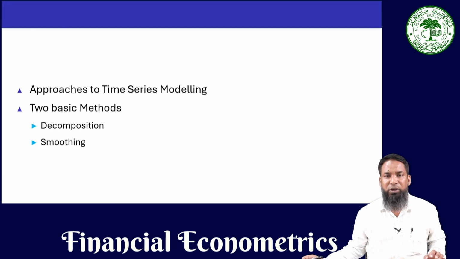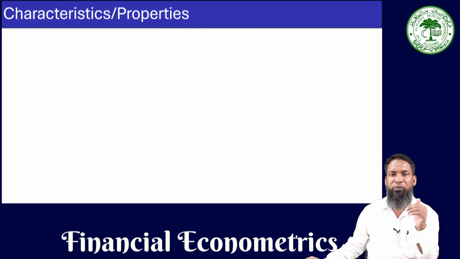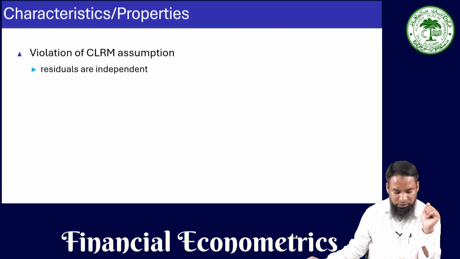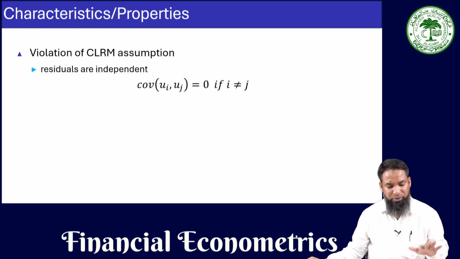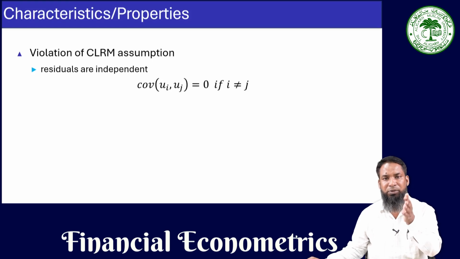Before that, let us quickly see what is the problem we have in time series and why we need it. In the last class we discussed that in case of time series, we violate the assumption of the classical linear regression model. Specifically, that the residuals are independent, because in a time series the data has been chronologically ordered.